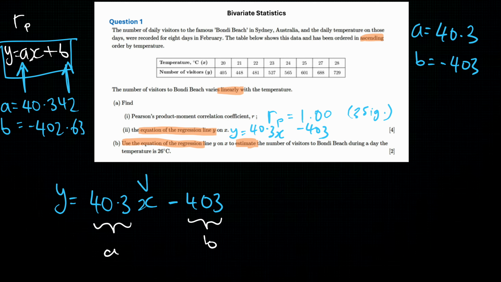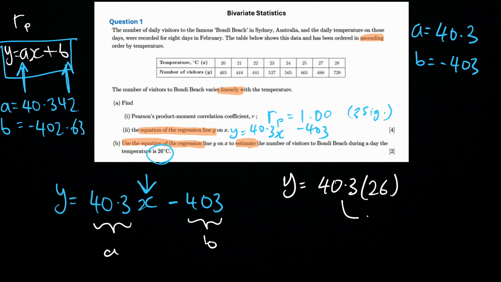The x value is the temperature, and they told us the temperature is 26 degrees Celsius. Now, this value doesn't have to be within the values provided. So we're just going to sub in 26, although it's not part of the data set that was originally there. So y, which is the value we're looking for, the number of visitors, is going to be 40.3 brackets our temperature, 26.